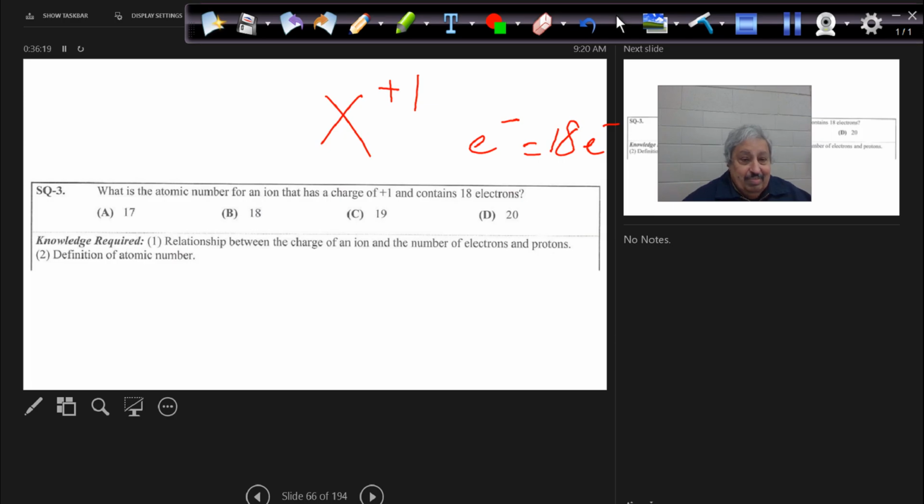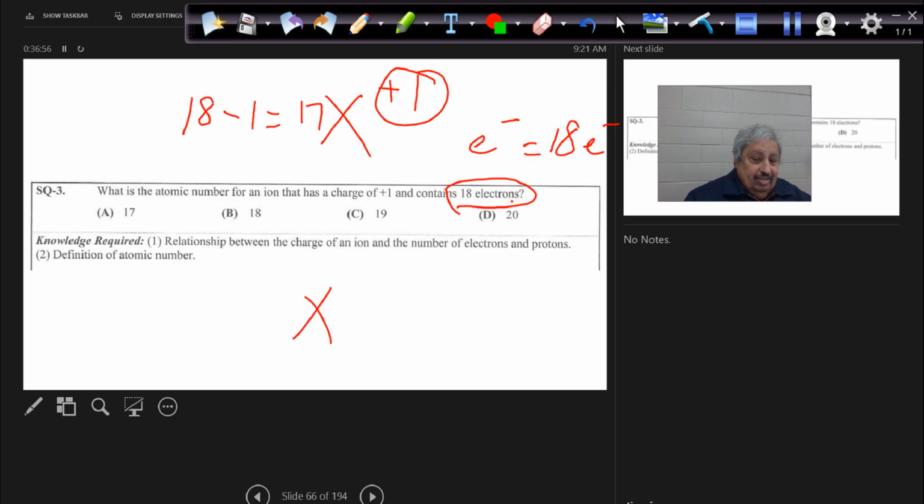What is the atomic number of an atom that has a charge of +1? 17. It has 18 electrons. If you have 18 and this one plus, you have to subtract. If it's negative, you have to add. Minus 1 is 17, correct? You have 17 electrons and 17 protons to begin.